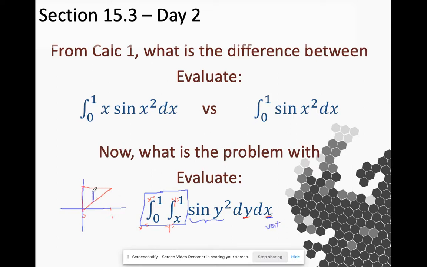So these were the strips that were drawn through this region. This was the problem that was given to me. But is this the most efficient way to do the problem, or even any way to do the problem? Right? When I look at that inside there, integrating here with respect to y is a little bit of a problem.